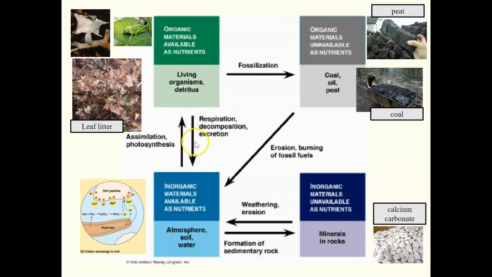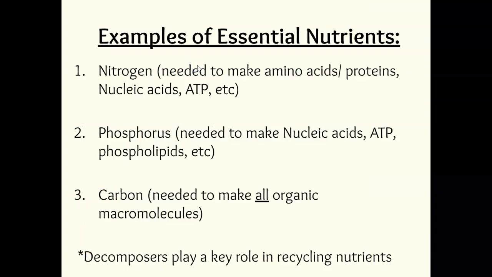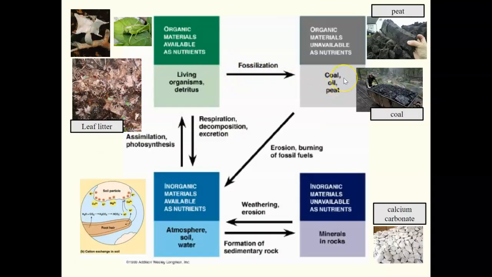Then it can be re-released as the inorganic compound through cellular respiration or decomposition. Or it can be locked up in a fossilization process and become coal, oil, or peat. We can then mine for these substances or find these substances and then burn them for fossil fuels, things like that. Okay, so it can go back and forth between all of these things.